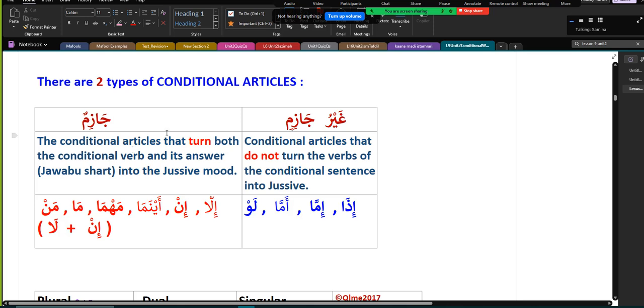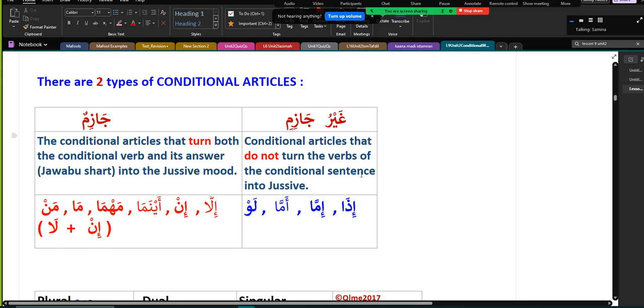So suppose you have the adwatu shart, hurufu shart at the beginning followed by a mudare, and that mudare becomes majzoom, or if you have multiple mudare, then that particular conditional article is called a jazim conditional article, because it made the mudare majzoom. That's why it's called jazim. And what are they? They are man, ma, mahma, ainama, in, illa, that is in plus la.